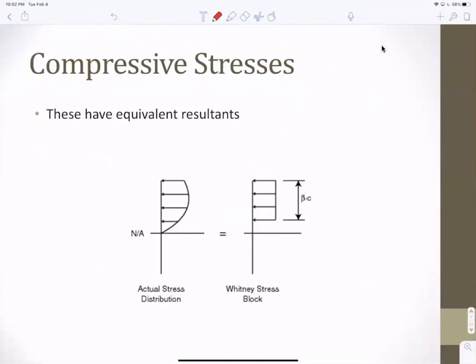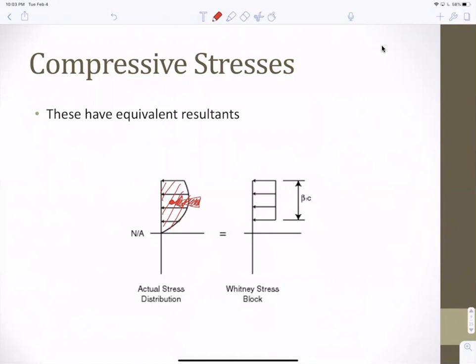And the reason for that is we need to get this area and we need to get the centroid, because we're going to replace the distribution with a compressive force, and that's going to equal the area of that times the width of the beam. And we need to put it at the centroid of that parabola. Now, the area of a parabola, well, it's not even exactly a parabola. The area of that curved shape and the centroid of that curved shape is difficult to deal with.